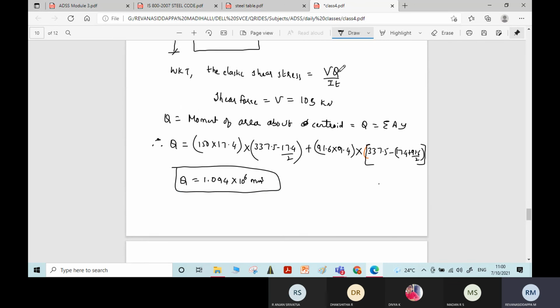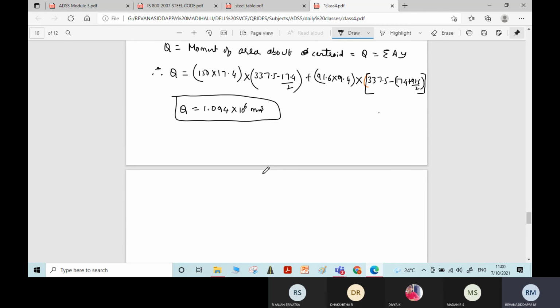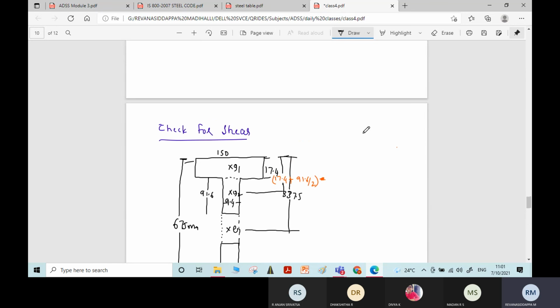Shear force V is known, Q is known. Moment of inertia of the section, I think we have written in the beginning itself. Therefore, VQ by IT, elastic shear stress is equal to V, which is 105 kilonewton, nothing but 105 into 10 power 3, into Q, which is 1.094 into 10 power 6, divided by IT. Moment of inertia, let me see.